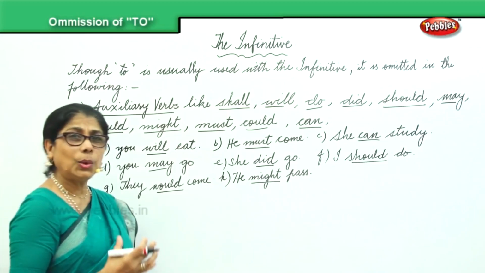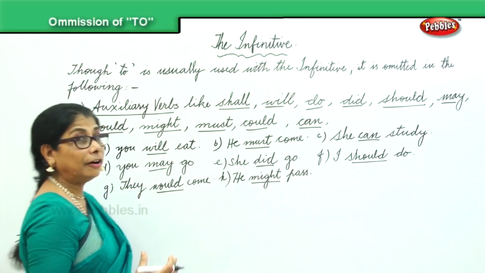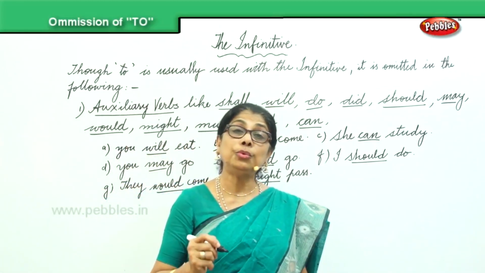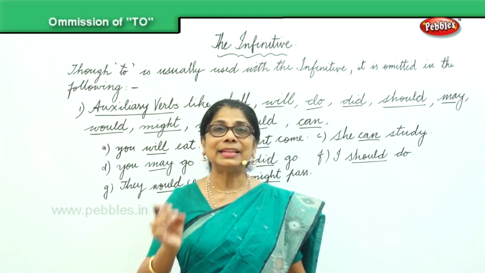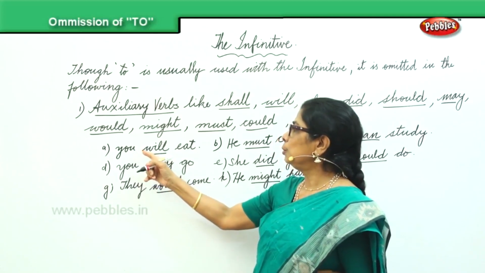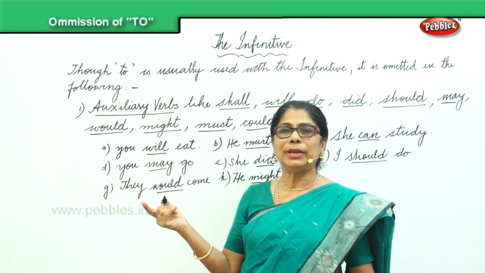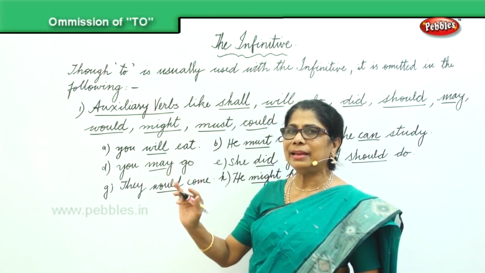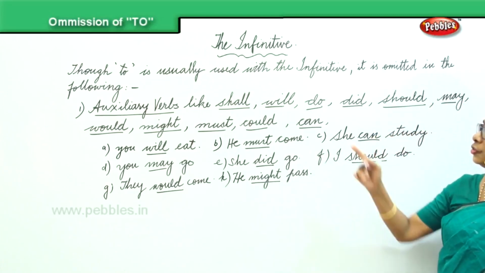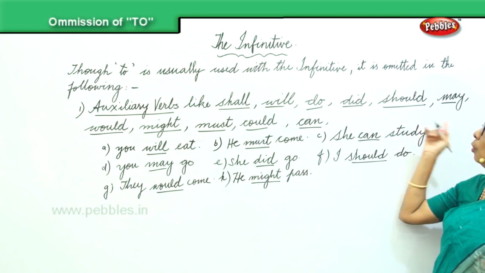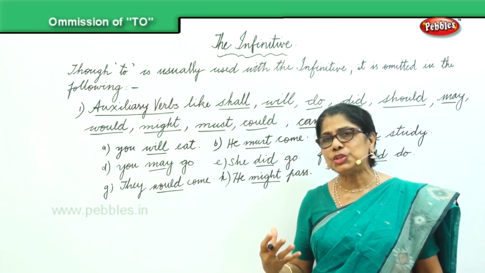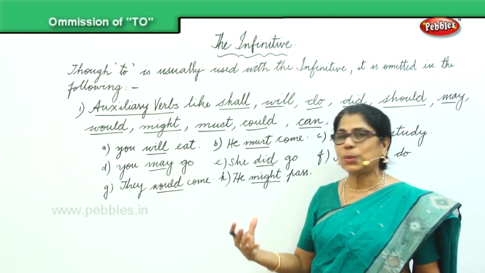So like this, in the forming of sentences with the auxiliary verbs, we do omit the "to". We do not say, you "to" will, or you will "to" eat. No, we will simply say, when the usage of would, might, must, could, can, shall, will, do, did, all these auxiliary verbs, when we are using them in a sentence, "to" is omitted. And that's what we are looking at.